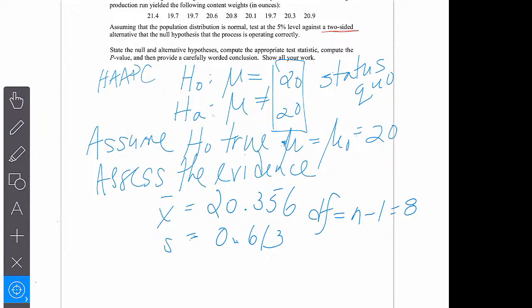So what we're going to do is standardize this value using S, and that'll give us the number of standard deviations away from the mean, the hypothesized mean. And okay, so that's what we're going to do next.